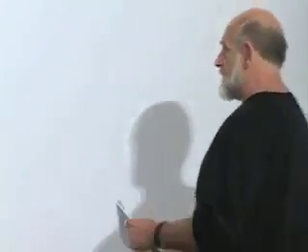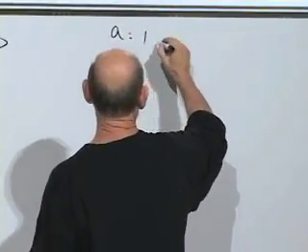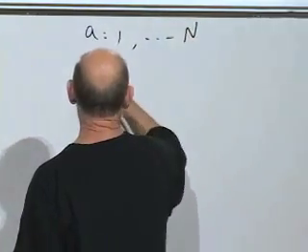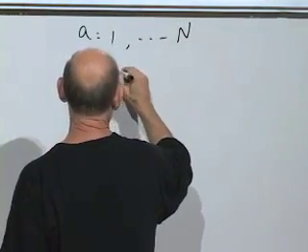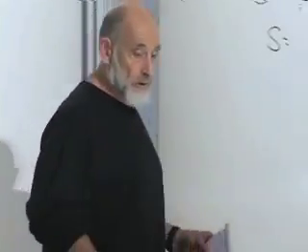Okay. Let's say that little a runs from 1 to capital N, and little b runs from 1 to little n. They don't have to be the same. They could be 2 quite different systems.